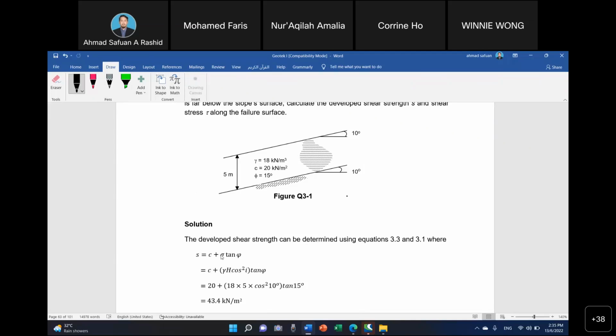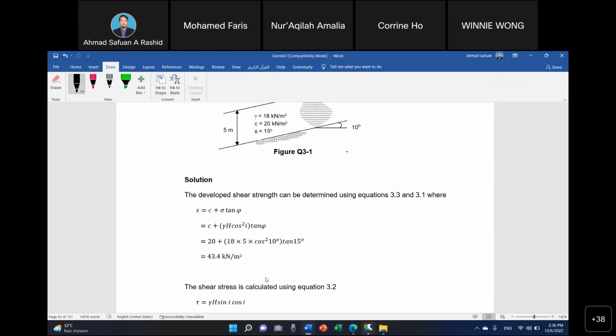The sigma is equal to gamma H cos squared i tangent phi. So 18 is the unit weight, times 5 is the height, cos squared 10 where i is 10, and then tangent 15, which represents the phi. So the value for S is equal to 43.4.